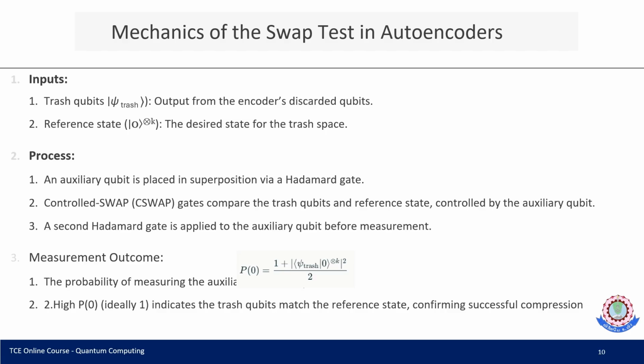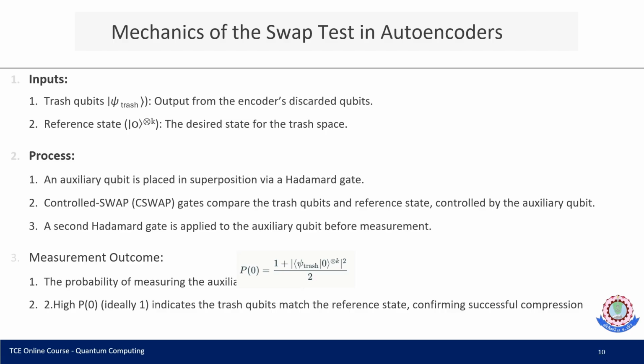And the next is the process. The auxiliary qubit is placed in superposition with the help of a Hadamard gate. Controlled swap gates are then used. A second Hadamard gate is also applied to the auxiliary qubit before measurement.